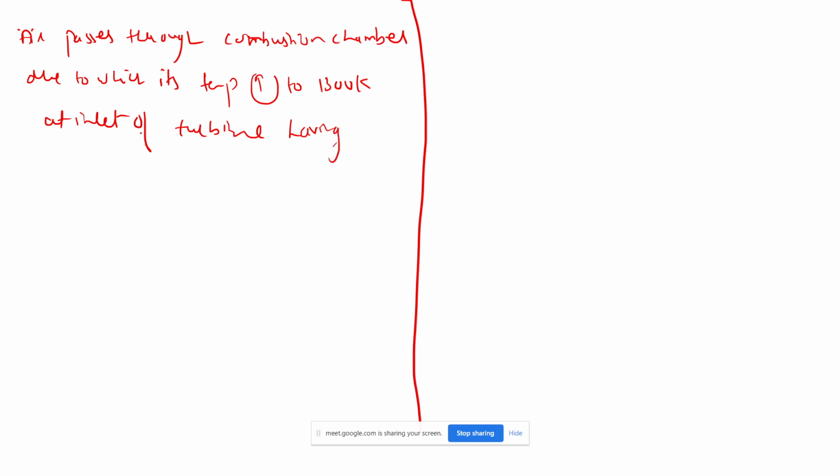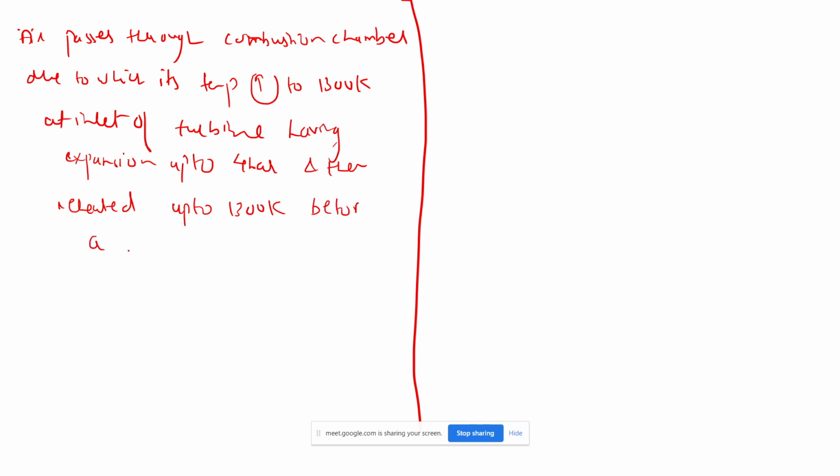Having expansion up to 4 bar, and then reheated up to 1300 Kelvin before again being expanded to 1 bar pressure.